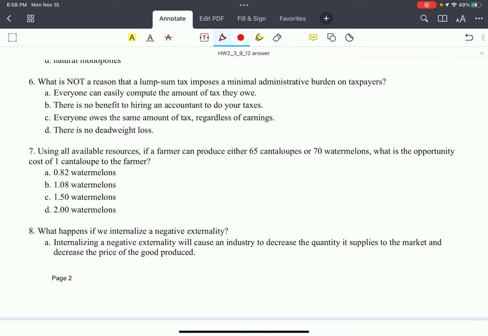So here, when we talk about administrative burden, then we refer to these three different categories, right? So essentially, it means that the deadweight loss is not a reason that lump sum tax has small administrative burden.